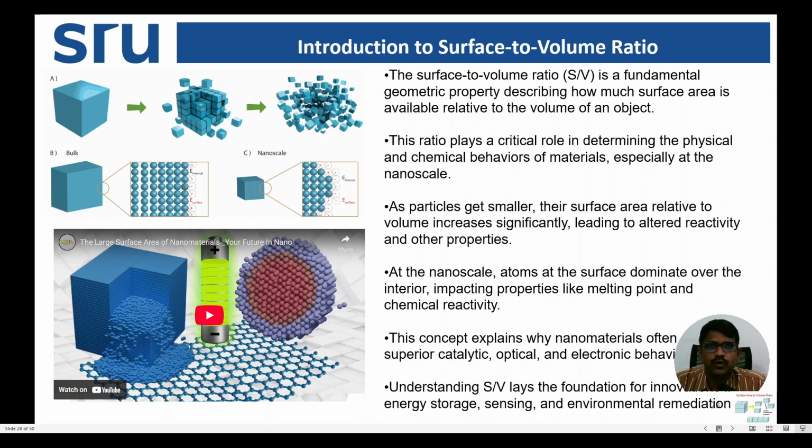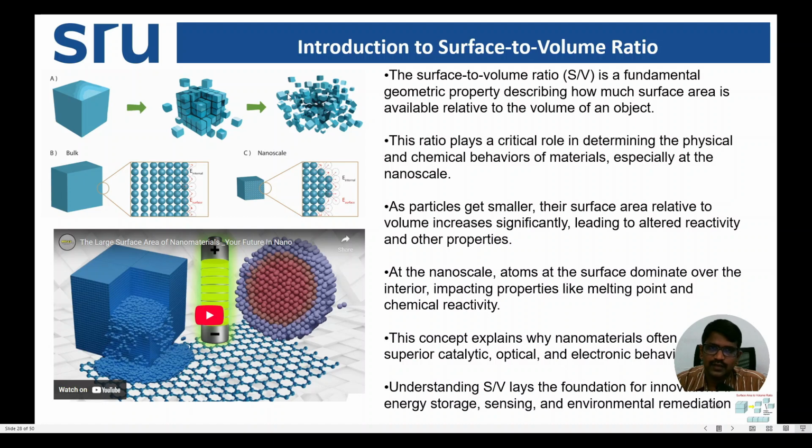One is the top-down approach, the second is the bottom-up approach. In the top-down approach, what do we do? Usually we take a bulk material and divide it into pieces. As the pieces increase, the surface area will increase. So that is the top-down approach. Here we are taking a bulk material and making it into multiple pieces.